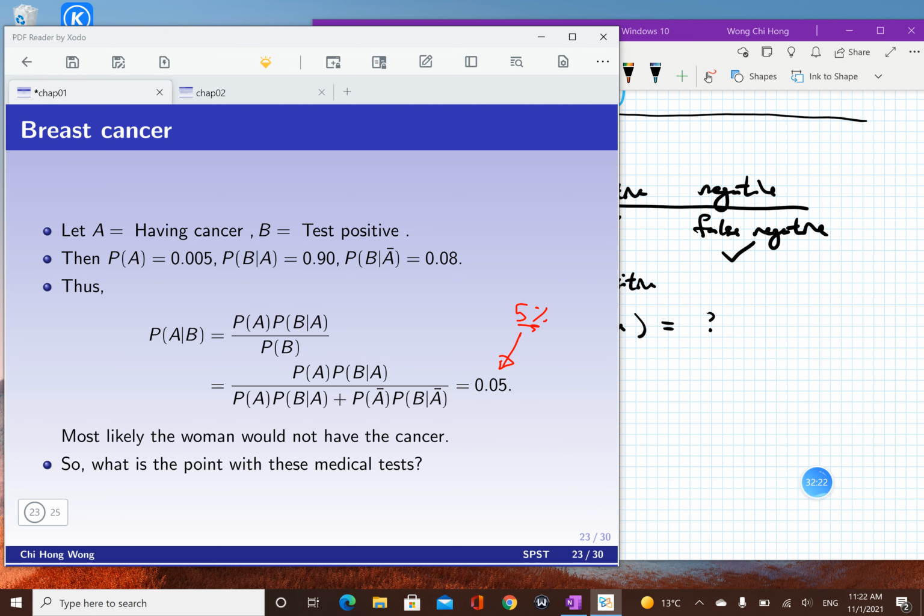They say there's a test, they say it's so accurate, but I'm getting a very small probability of having the disease even when I have a positive result. What's the point of all these things? It doesn't fit our understanding of society or of everyday life.